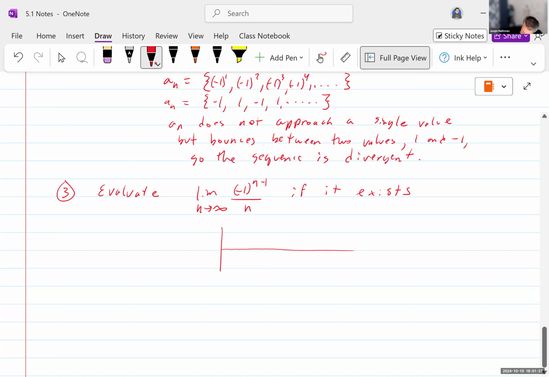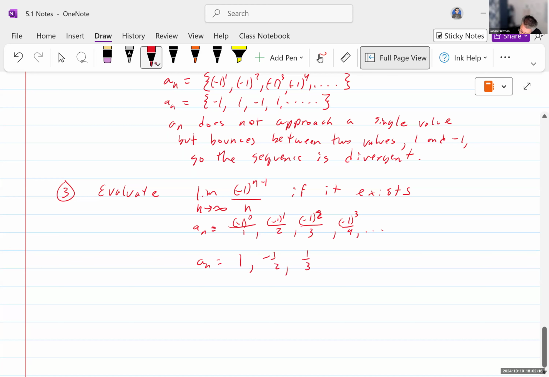We're going to get -1 to the 0 over 1, and then -1 to the 1 over 2, and then -1 to the 2 over 3, and then -1 to the 3 over 4, and so on. So a sub 1 is equal to -1 to the 0, which is +1, so that's 1. -1 to the first is -1, so that's -1/2.